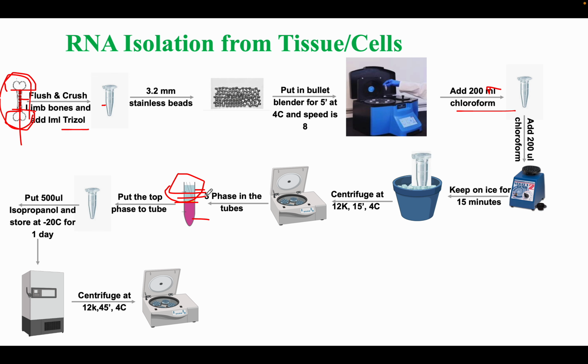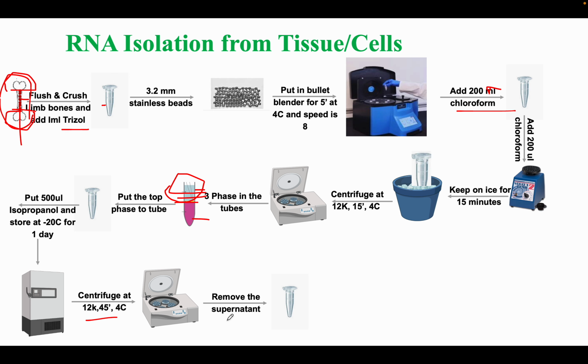With 1 day, I am getting a more purified and good quantity of RNA. And then after that, I will take the tube out and I will centrifuge the tube at 4 degrees centigrade for 45 minutes, and the speed will be 12,000 RPM.